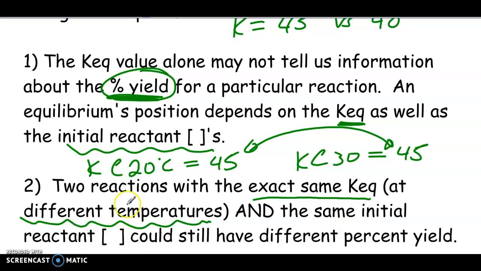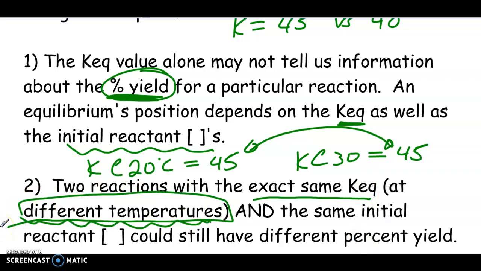That's simply because they're different reactions. Two reactions with the same KEQ don't necessarily have the same percent yield, especially since it's at different temperatures.